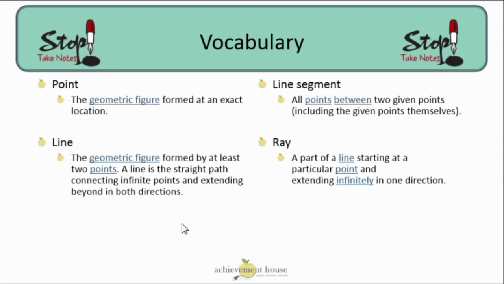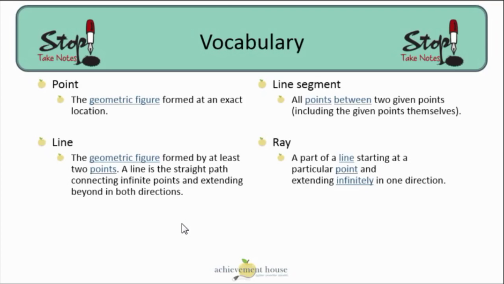And so a line is a straight path between the 2 points, points between them and on them, in both directions. Go on forever. A line segment is part of a line. So if I had 2 points that were my ends, it would be those 2 points, and then all the points between them.